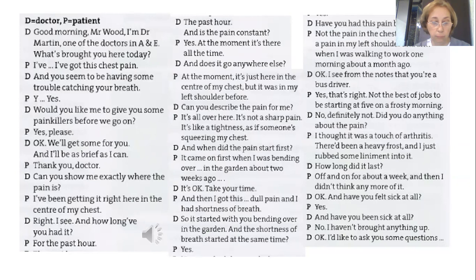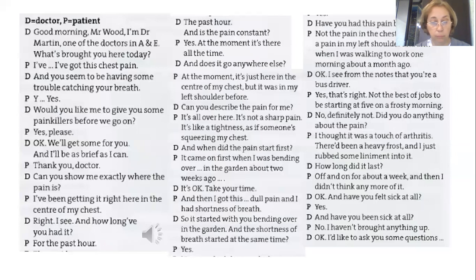And I'll be as brief as I can. Thank you, doctor. Can you show me exactly where the pain is? I've been getting it right here, in the centre of my chest. Right, I see. And how long have you had it? For the past hour. The past hour. And is the pain constant? Yes, at the moment it's there all the time.